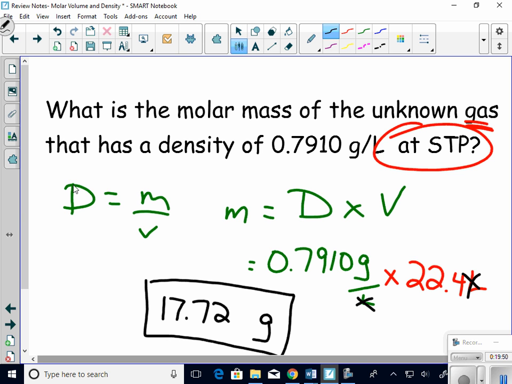And I don't know what gas it is, but I know that the molar mass is 17.72 grams.